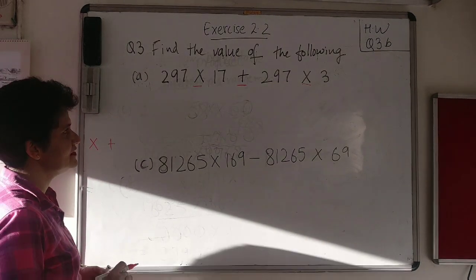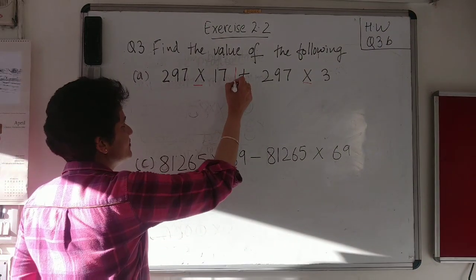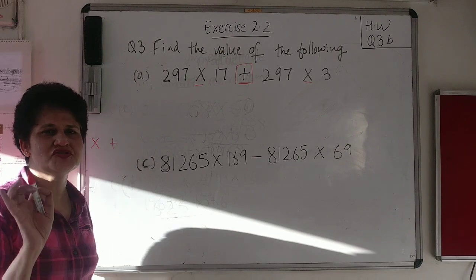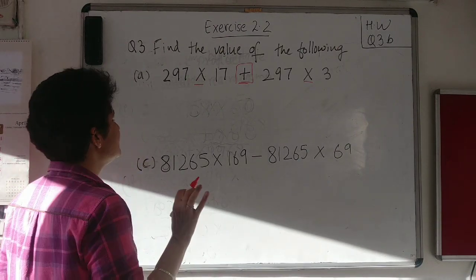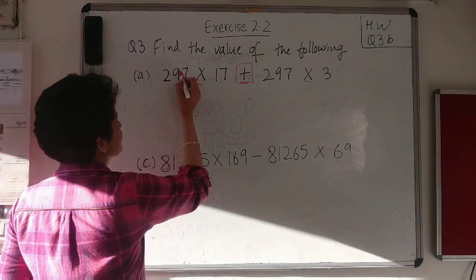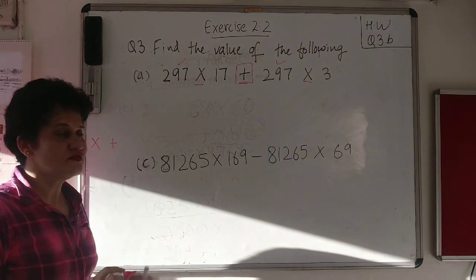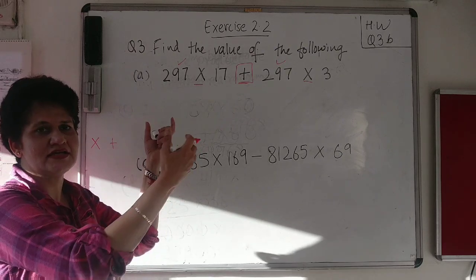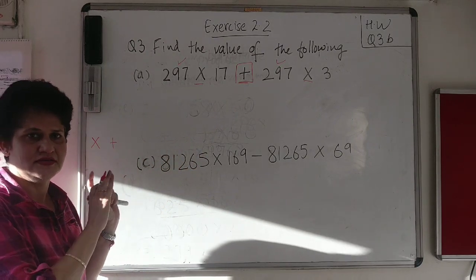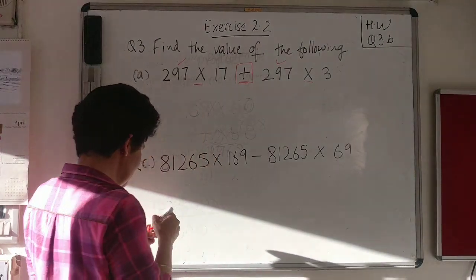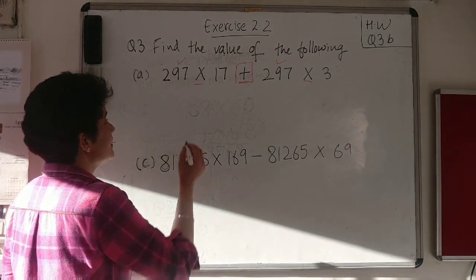Clearly we will see that the separator here is the plus sign, and there is one number which is repeating. Let me see which number is repeating. 297 is here and 297 is here also, right? When one number is repeating, I'll take out that common number outside, and then you apply this. That number outside will be 297, outside the brackets.